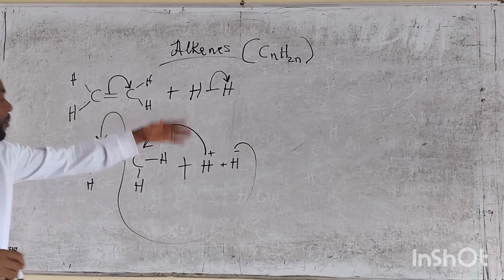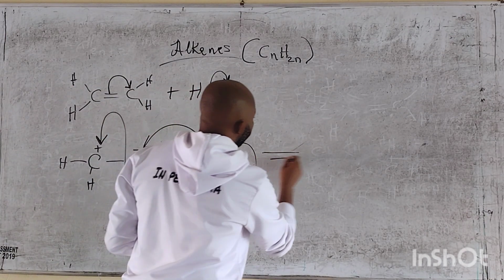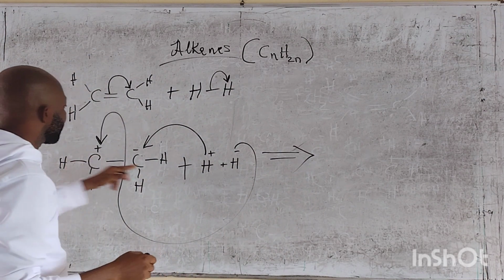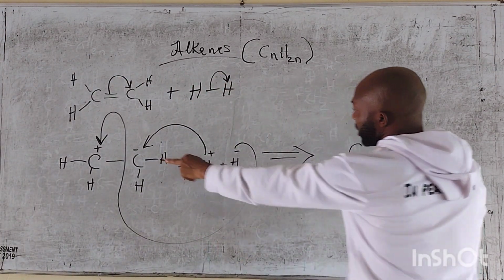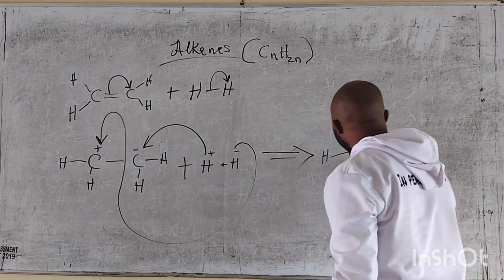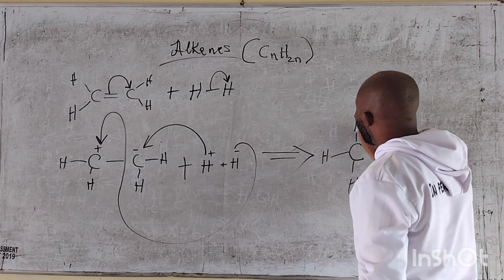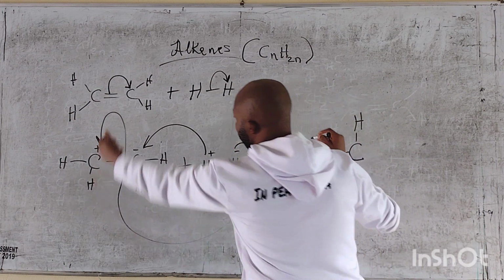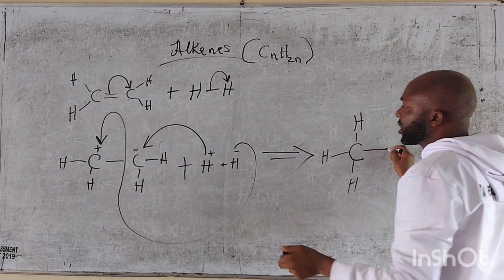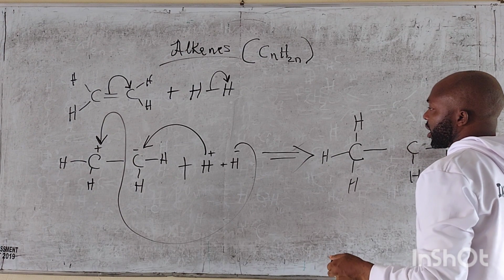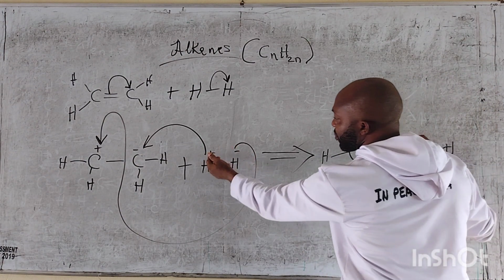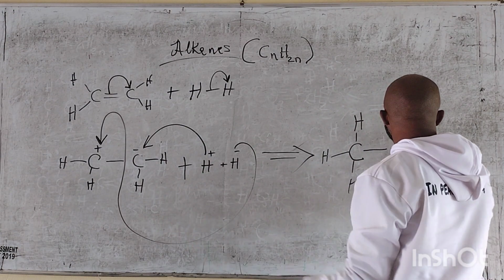So when that happens, what do we get here? Remember this hydrogen has come to the place here. So I have one hydrogen, and now hydrogen. This hydrogen has come in here. And I have a single bond here with hydrogen here. This positive comes to the negative side and this gives us this.